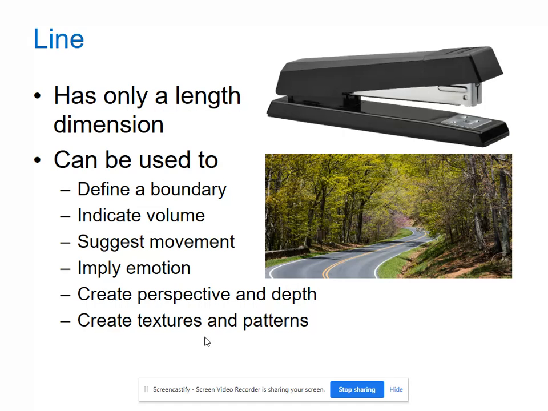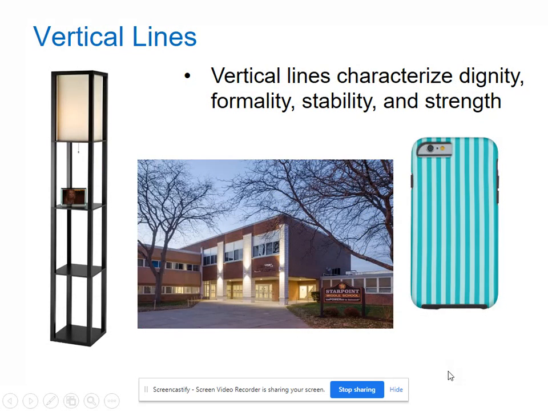If you take a look at this picture here, right, this is a perspective. As it goes back, it kind of squeezes in from the left and from the right-hand side, kind of goes back a little bit into the woods there. Vertical lines characterize dignity, formality, stability, and strength.